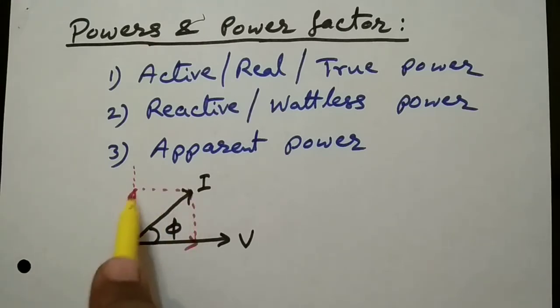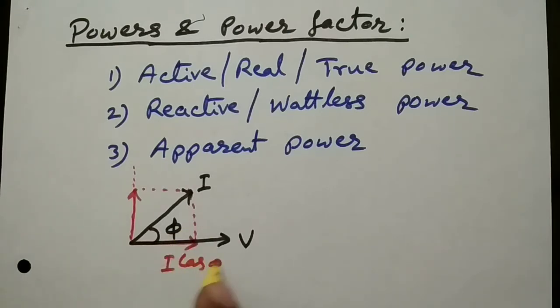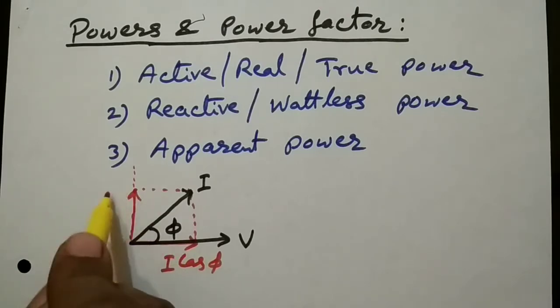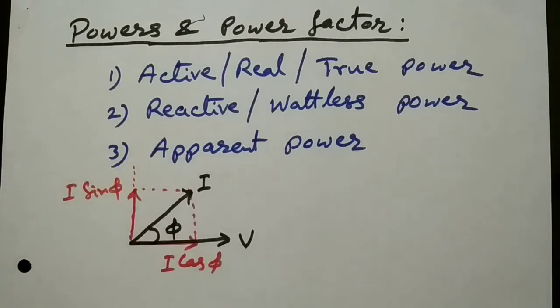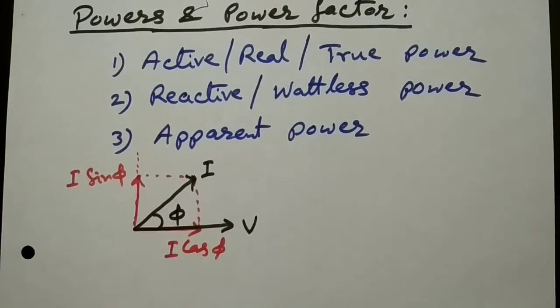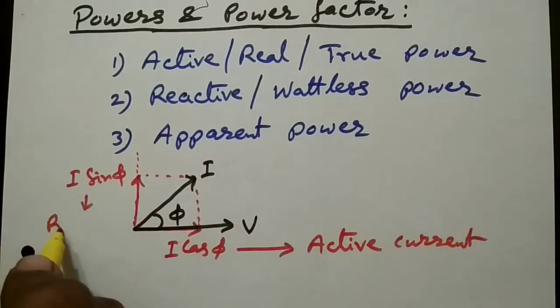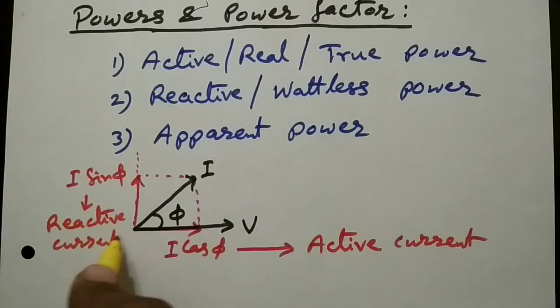One is the horizontal component, I cos phi, and the other is the vertical component, I sin phi. Here I cos phi is called the active component of the current, or active current, and I sin phi is called the reactive component, or the reactive current of the circuit.